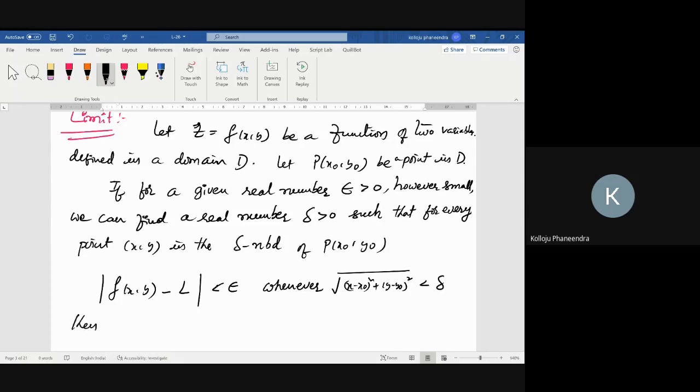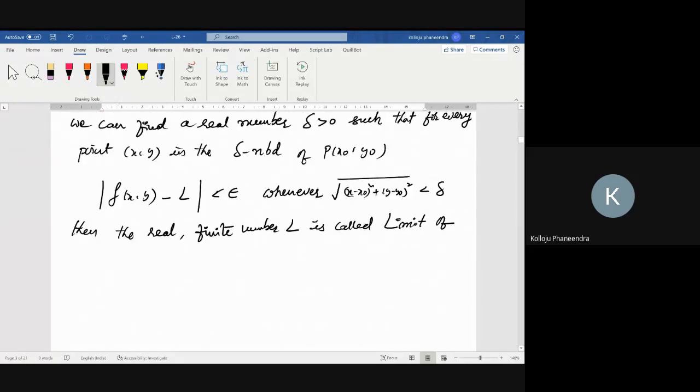then the real finite number L is called the limit of the function f of x comma y as x comma y tends to x naught, y naught.